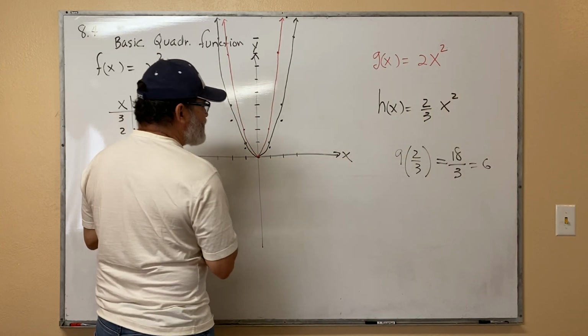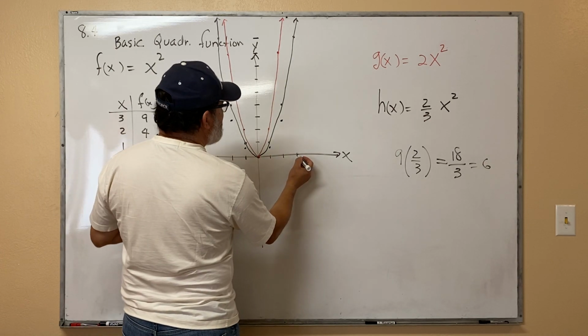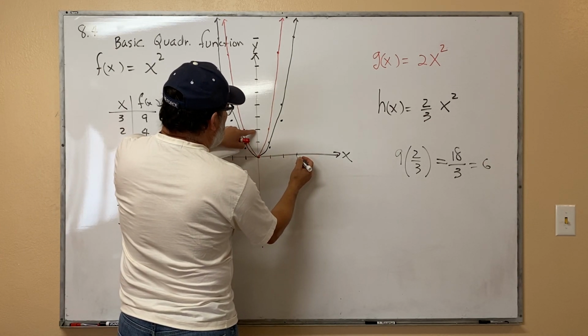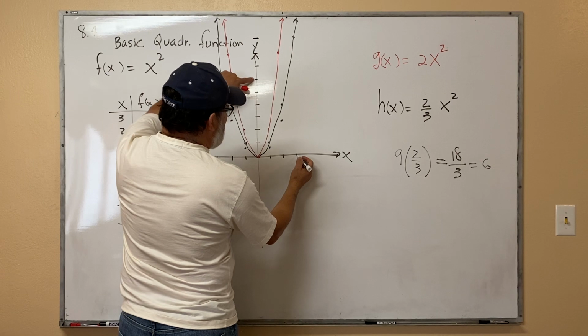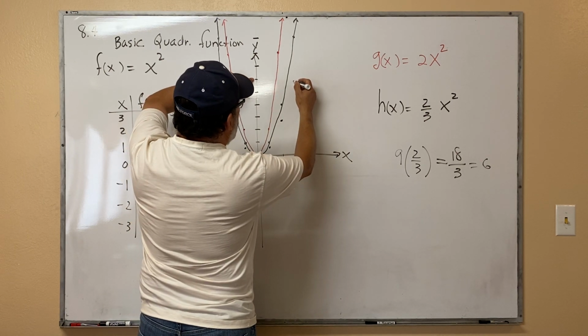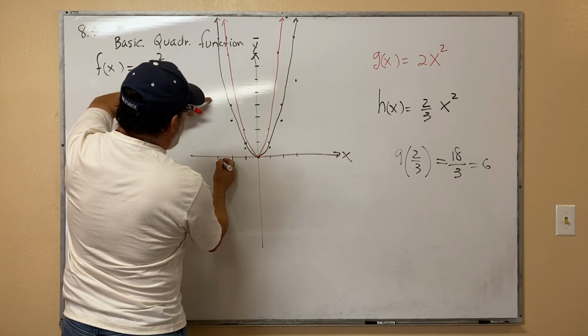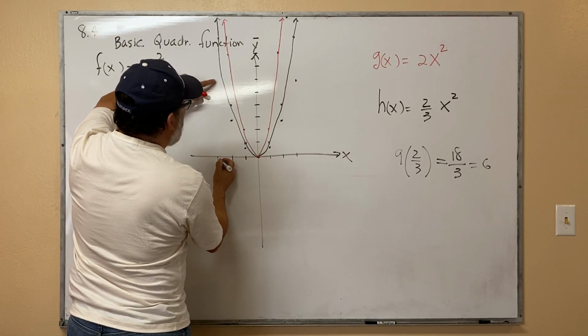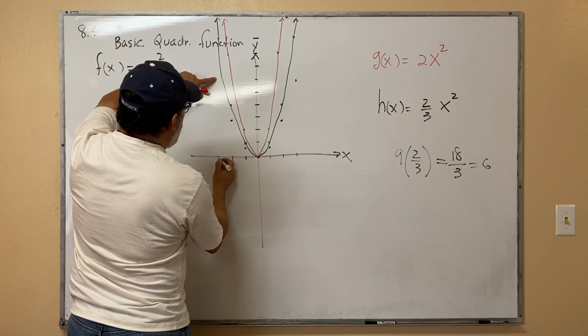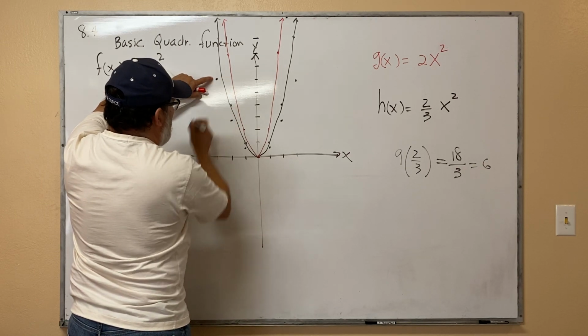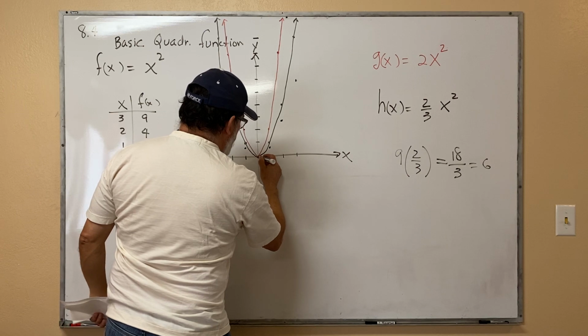So 3 times to your right, 6 up. 1, 2, 3, 4, 5, 6. And 3 times to your left, 6 up. So we're getting this parabola.